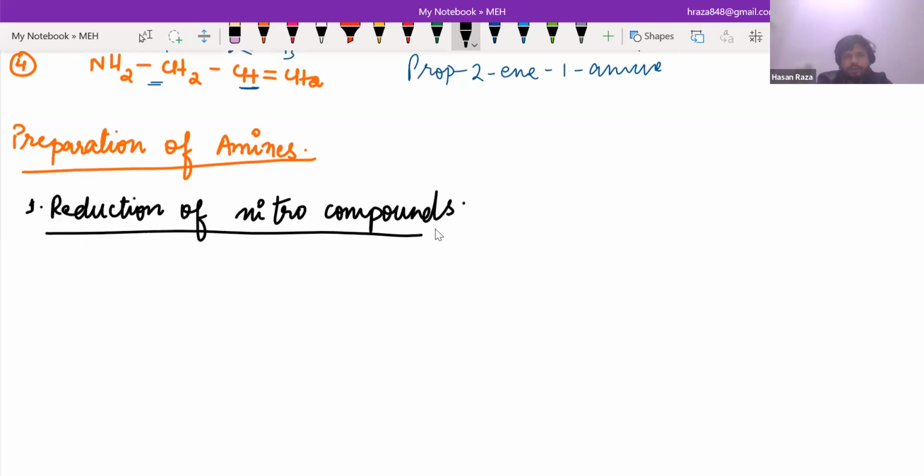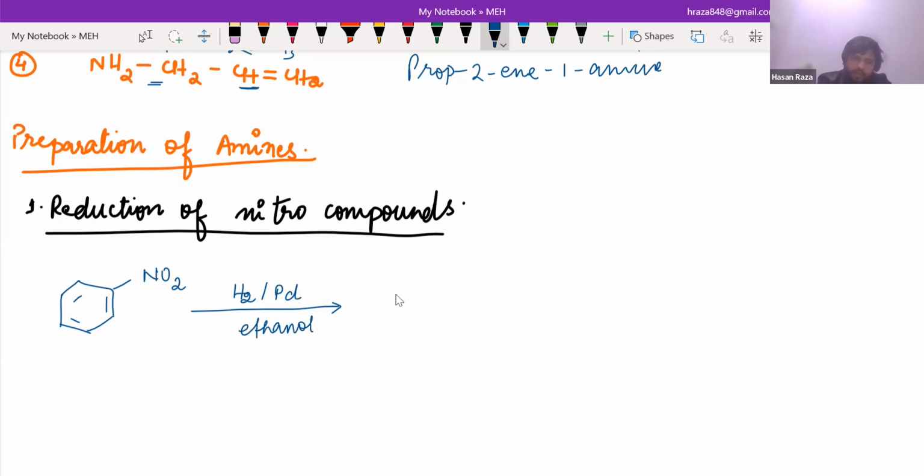Here you can see the reaction is quite easy. If you have a nitro group connected to a benzene, this will be reduced. That means oxygen will be removed and hydrogen will be added in the presence of H2 and palladium in the presence of ethanol. That means reduction will take place, and you can see this will form aniline.